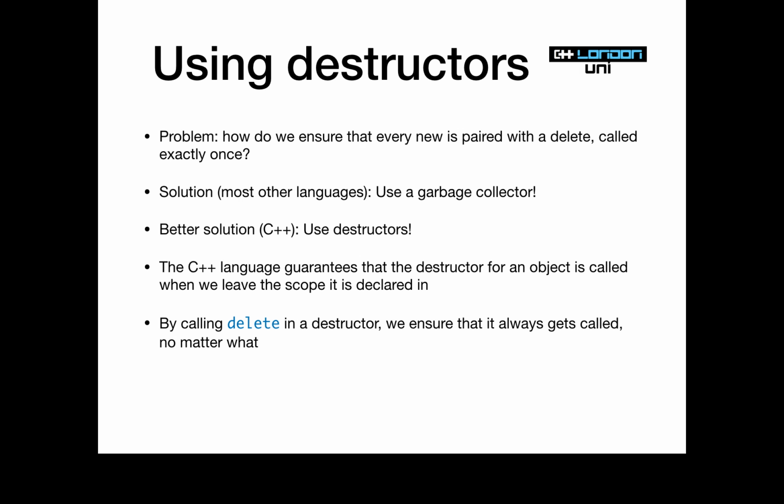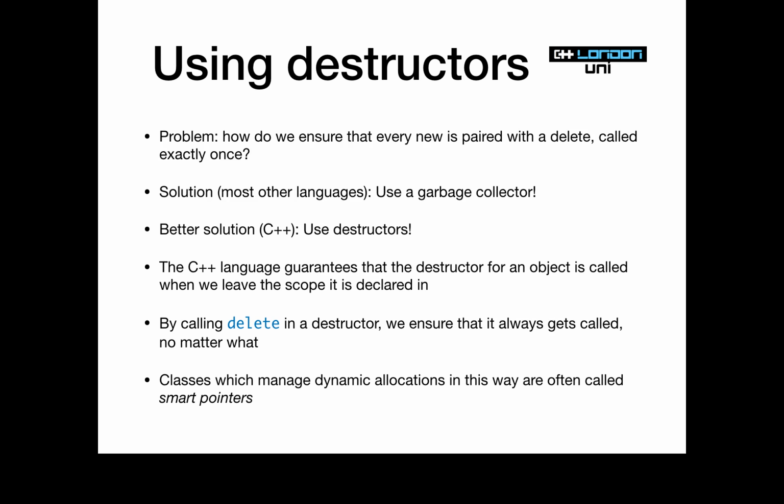So if we could arrange things, if we could write a class that calls delete in the destructor, that would really solve this problem of knowing the right point to call delete. And people realised this quite some time ago. And they started to write these classes that managed dynamic allocations like this.